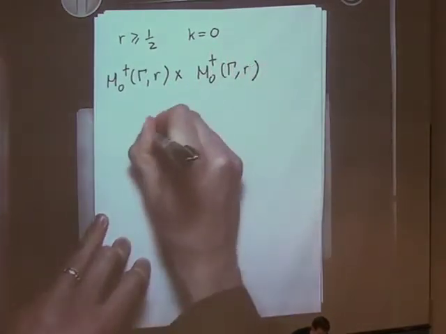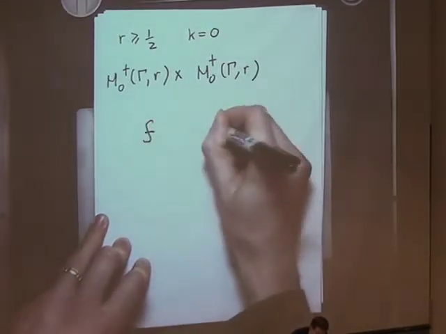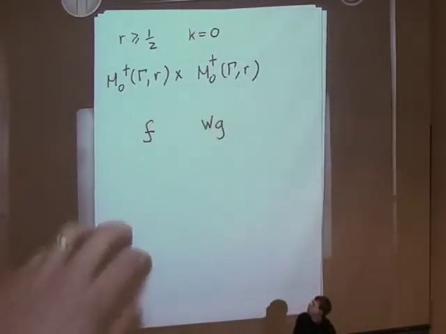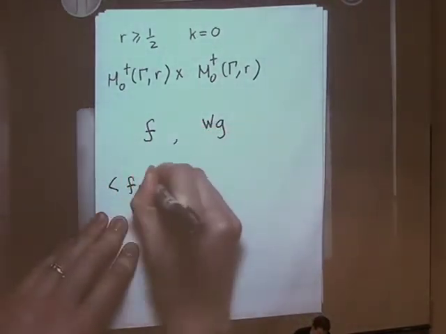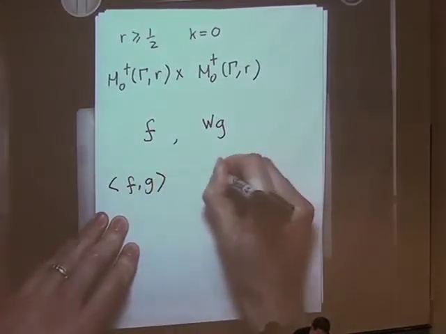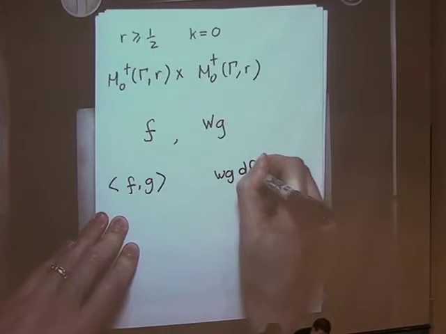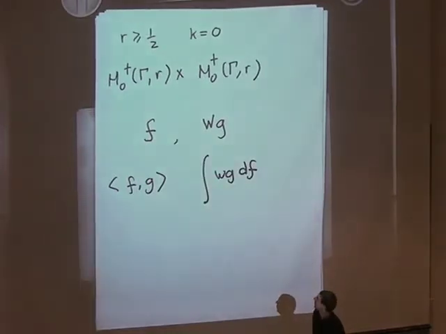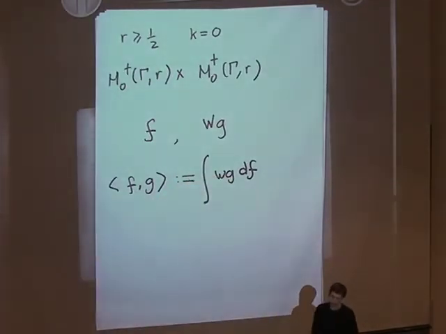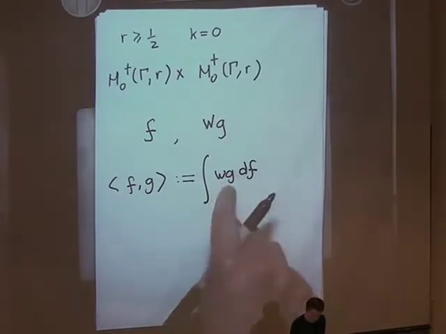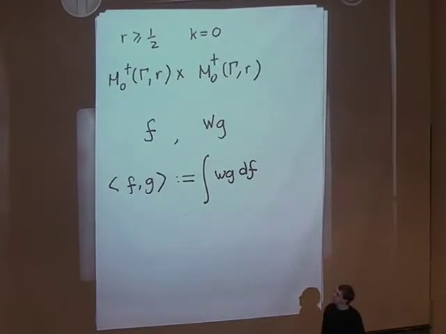So what you do is you take f and g, you apply the Fricke involution to g, and then you multiply it by the derivative of f, and then you take the integral. So taking the derivative is an operation that is acceptable because we actually have a function, and the derivative is naturally a form of weight 2. These two are both defined on these little annuli in the middle.